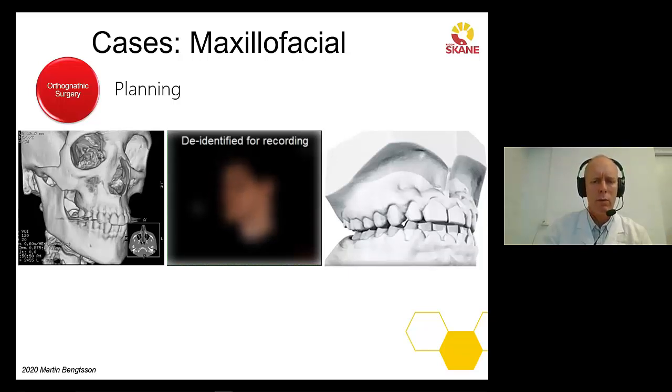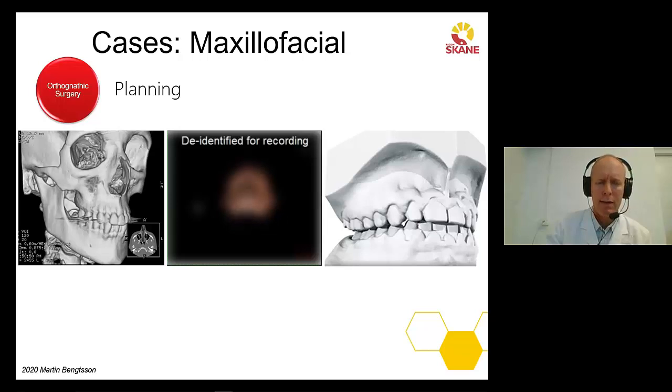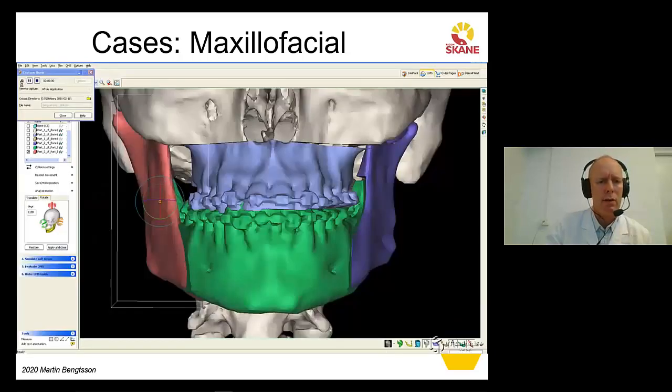The reason we want the bite and the teeth as a separate recording is that the detail is not very high-definition in the CT scan, so we need a higher resolution of the dentition. These recordings we can merge together in a software program, as you can see in the next picture, and we can plan it in 3D.